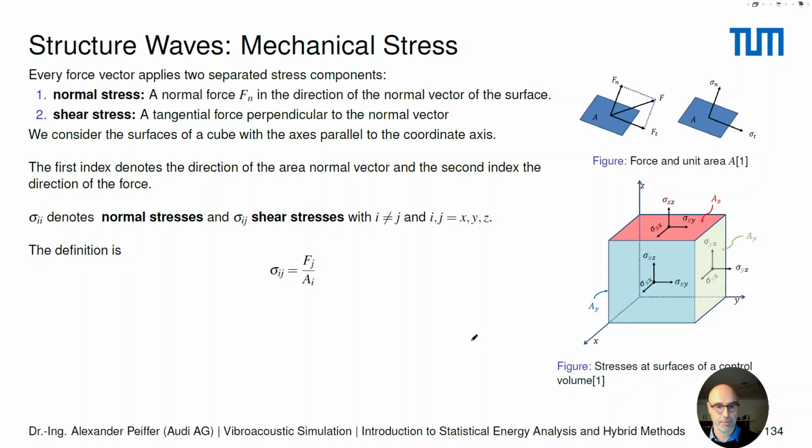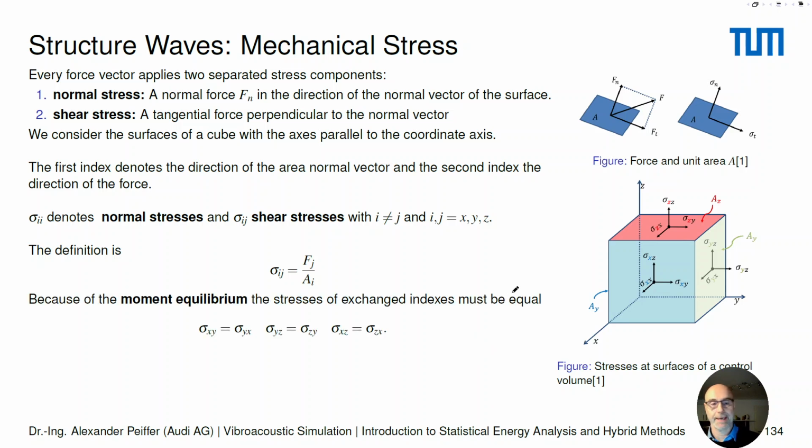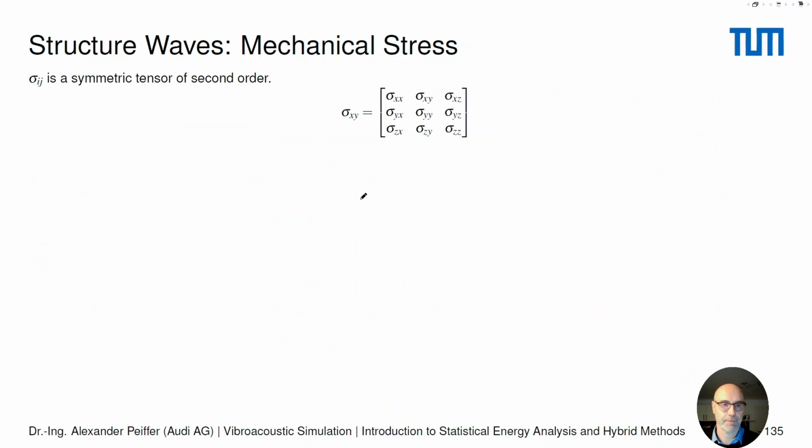the strain formulation. Good. Again, we have a so-called condition of moment equilibrium, and from this it follows that if we exchange the indices, the components must be equal. This helps a lot because we have the same thing as for the strain tensor.